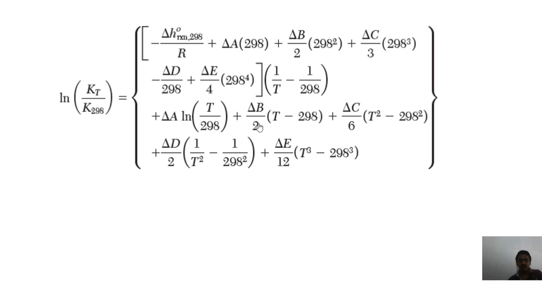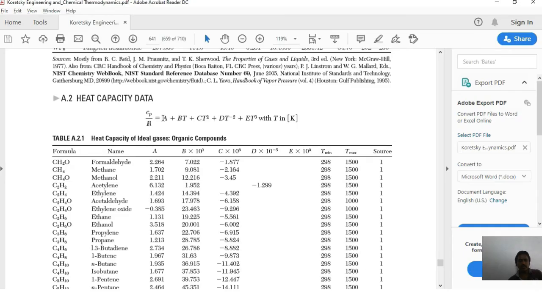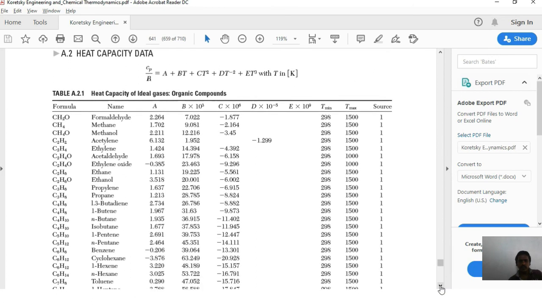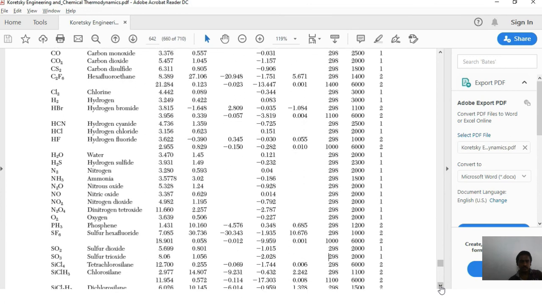Let me copy the formulas into my Excel so that it is easy for me to calculate the values. Let us take the data of Ai, Bi, Ci, Di and Ei from the textbook. Typically, the heat capacity data are provided in this format, where A is given here, and B, C, D and E are given here. Let us look for our components O2, SO2 and SO3.